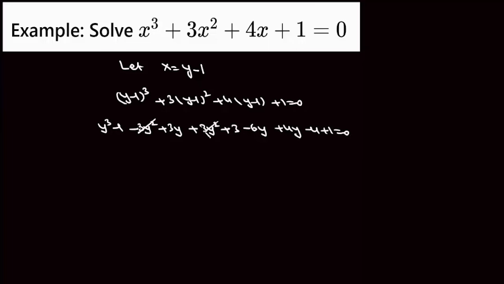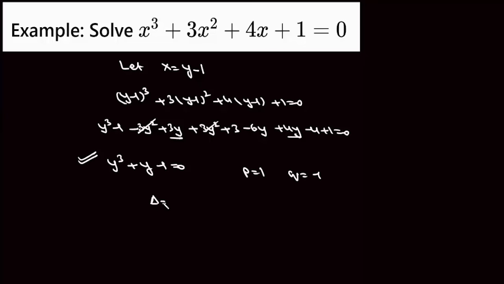Now the 3y square terms will cancel. We get y cube, and then 7y minus 6y, so plus y, and then 4 minus 4 is 0, and minus 1 equals 0. So this is a depressed cubic equation. Here p is 1 and q is minus 1.